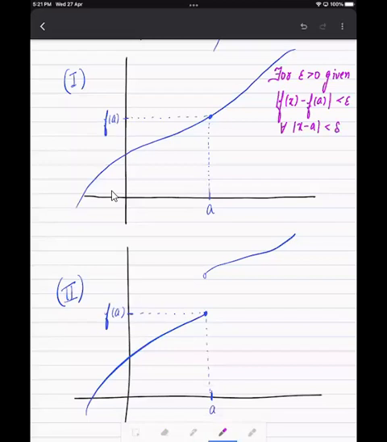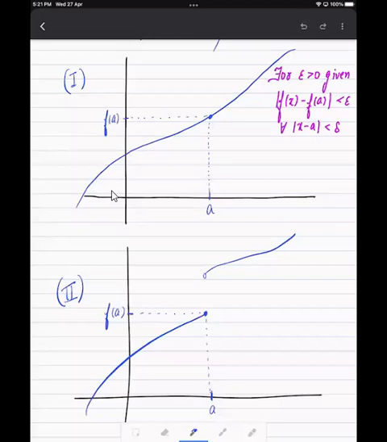So whenever I choose an epsilon, first of all, I'll have to choose an epsilon. Once epsilon is fixed, I'll make an epsilon neighborhood around f of a. How do we determine what value of epsilon to give?